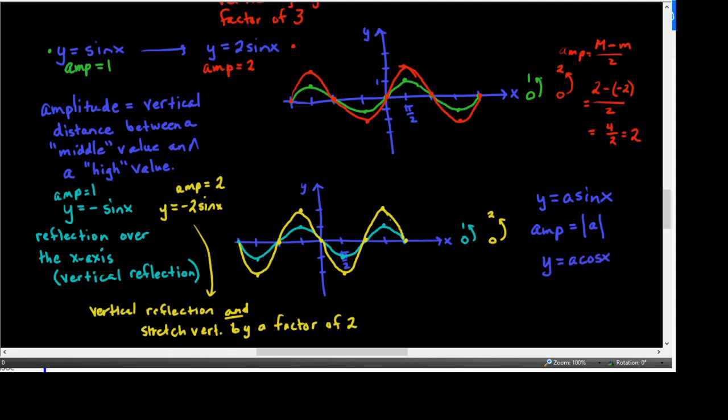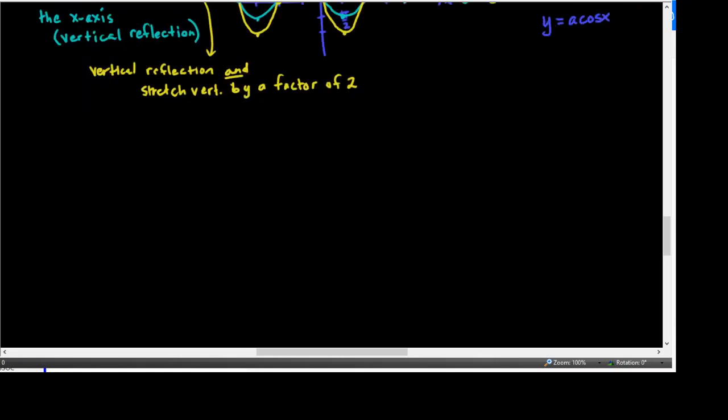So I'm just going to state that as a truth before you get too worried about it. Okay, so that deals with a. What happens if we do an a multiplication? It can reflect if a is negative vertically, and the absolute value of a will give us the amplitude. All right? So let's go on to the next topic now.